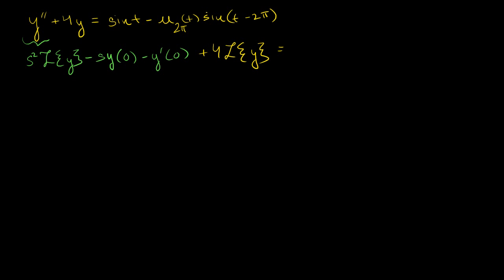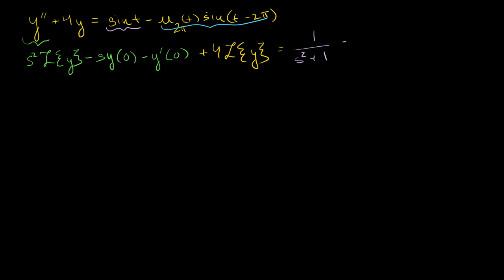is equal to, what's the Laplace transform of sine of t? Oh, yeah, that should be second nature by now. It's just 1 over s squared plus 1. And then we have minus the Laplace transform of this thing. And I'll do a little side note here to figure out the Laplace transform of this thing right here. And we know it.